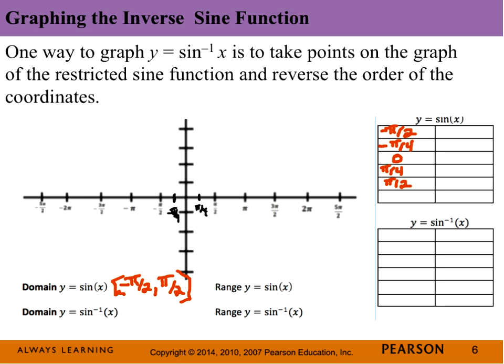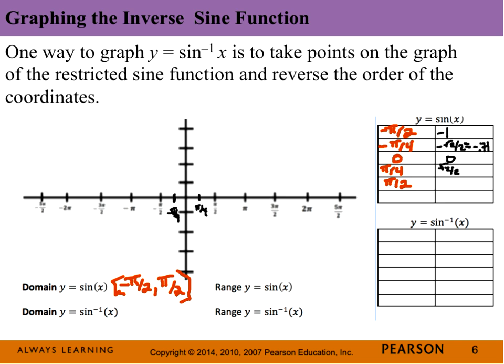All right, so back from our unit circle and all the work we've done previously, you find that the sine of negative pi over 2 is negative 1. The sine of negative pi over 4 is negative square root 2 over 2. I went ahead and put that in my calculator, approximately negative 0.71, just to be able to put it on the graph.